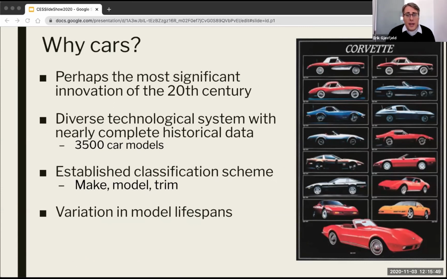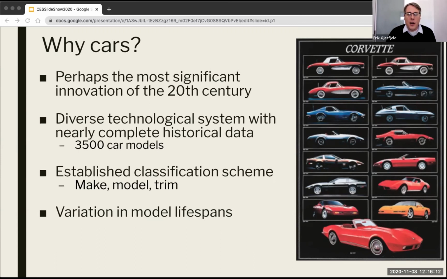From a methodological perspective, they're quite easy to work with. They're a very diverse system, but we also have nearly complete historical data, especially on the years of production for most car models. In this case, a car model is our lineage. That is what we use as our unit of analysis. There's also a fairly well established classification scheme where you have a make, model, and a trim.